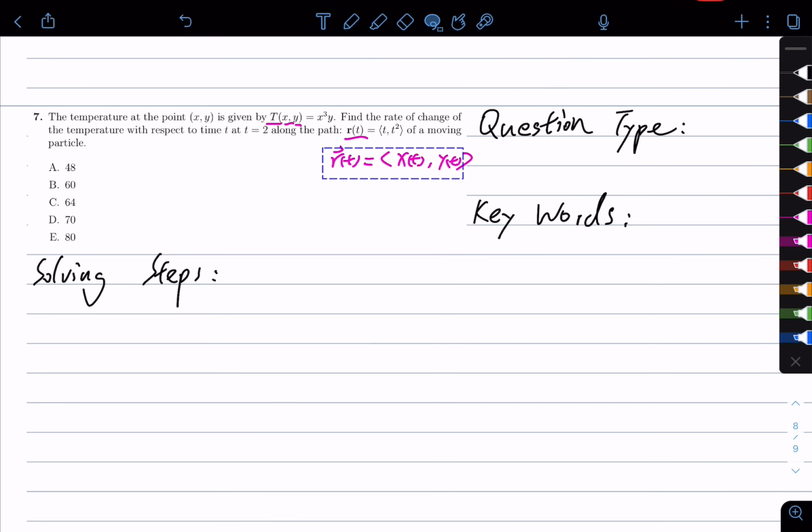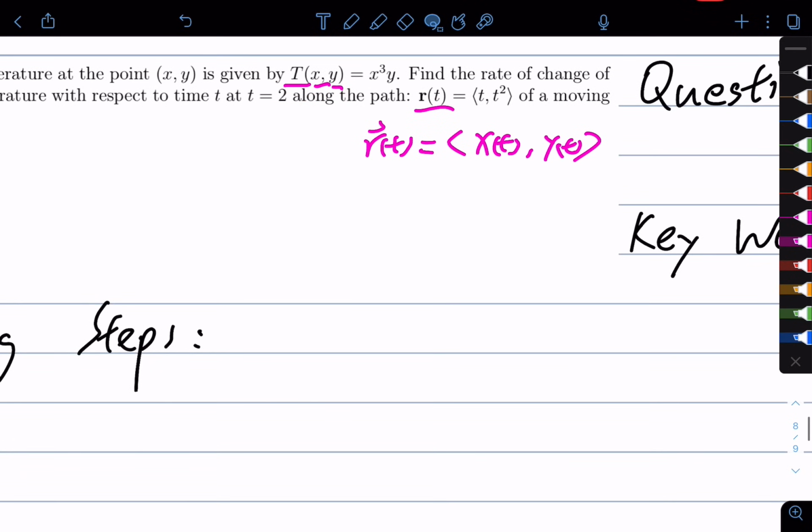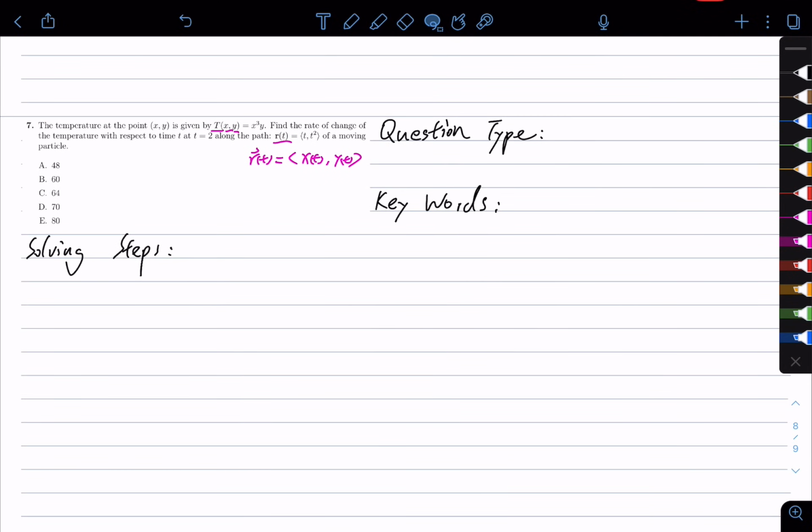This question has multiple layers of variables. We have the upmost dependent variable t, and then we have the intermediate variables x and y, and the x and y also depend on the independent variable t. So this is actually a chain rule problem.